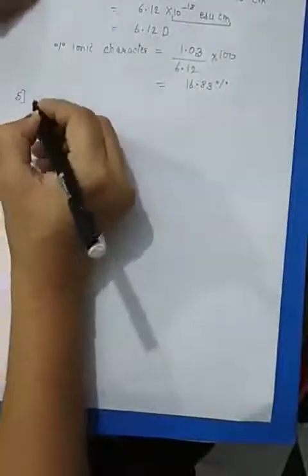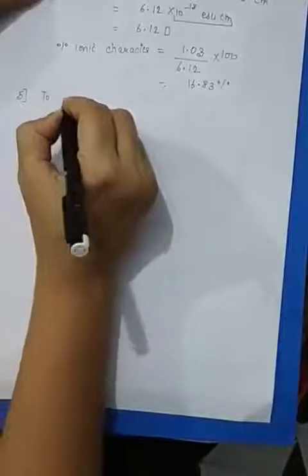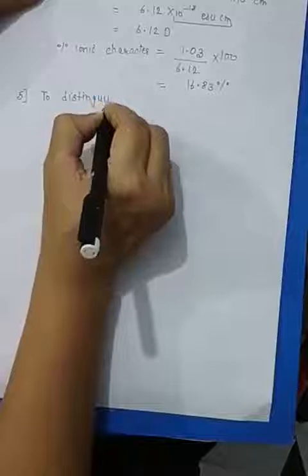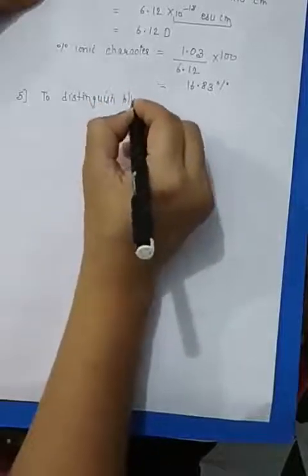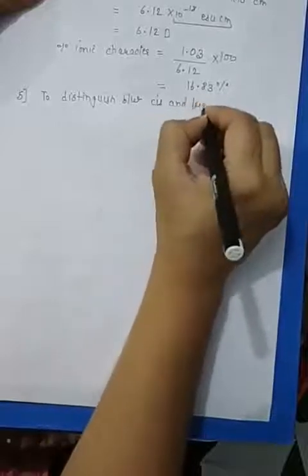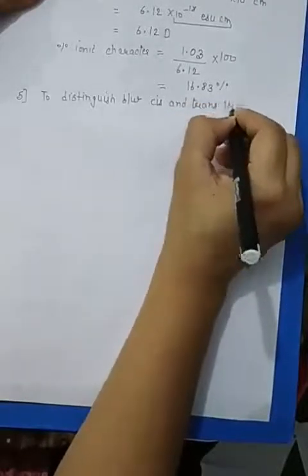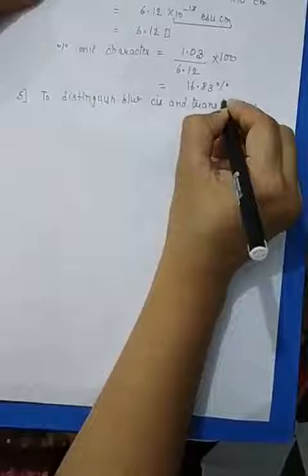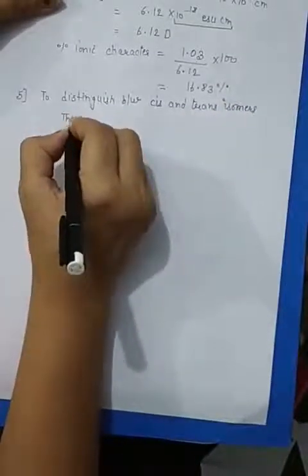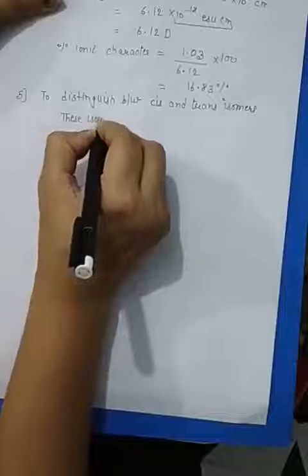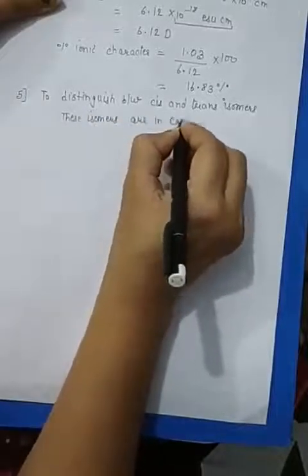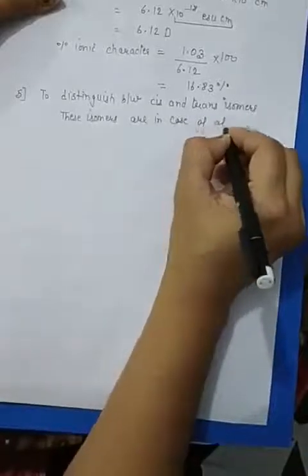Next application is to distinguish between cis and trans isomers. These are in case of alkenes.